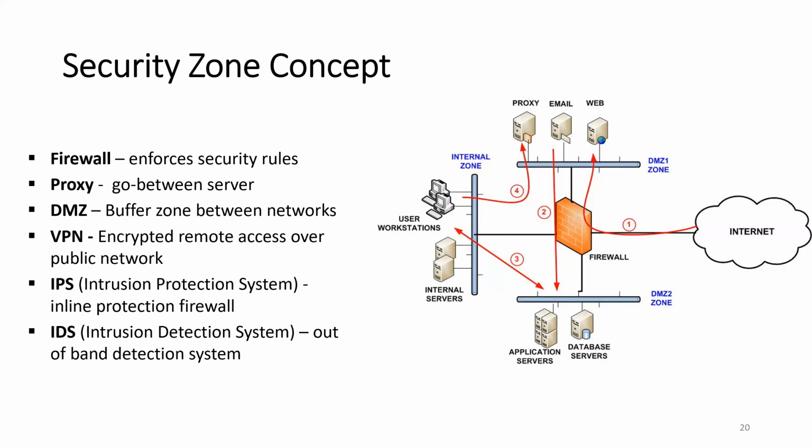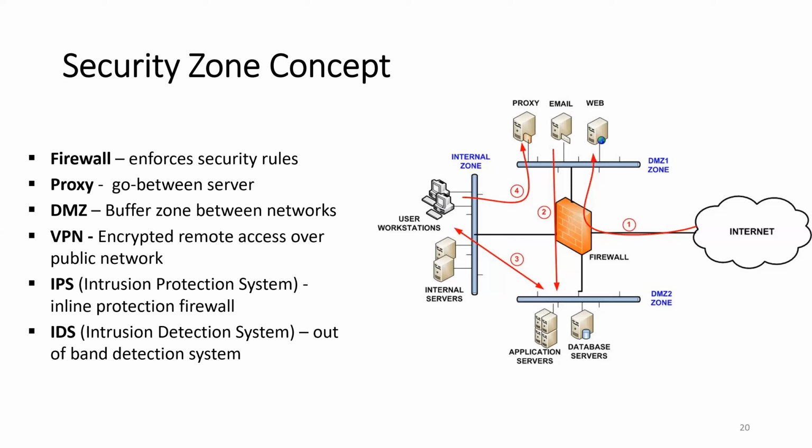So we have firewalled the DMZ off from the internet and allow certain traffic in, but not necessarily all traffic. We also have firewalled that DMZ off from the internal network, so we only allow selective internal activity to get to those servers.